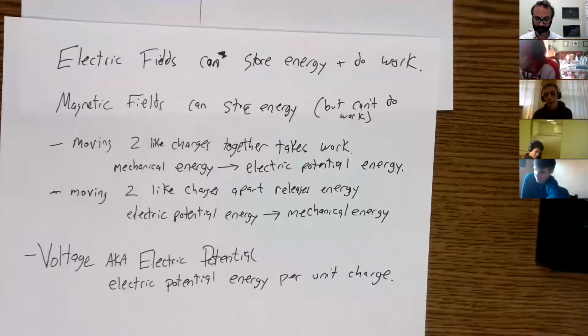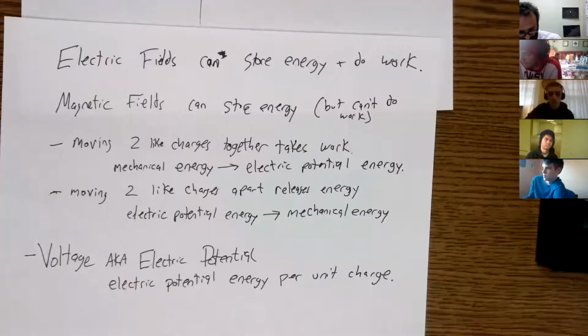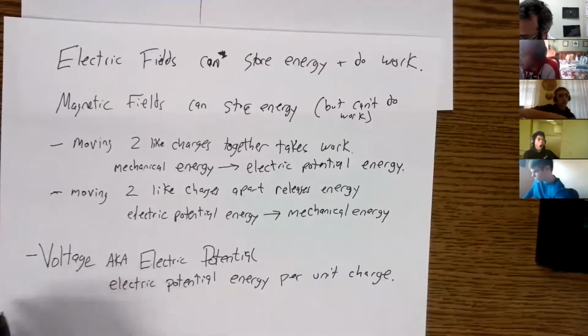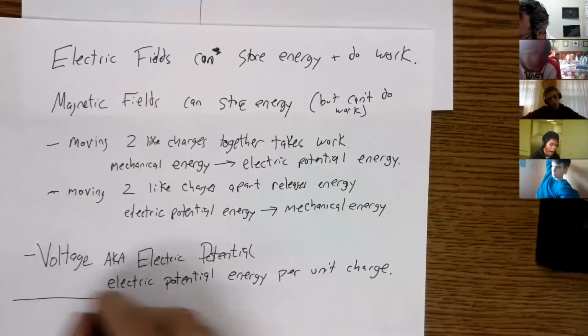You're going to have 1 joule of energy either released or stored in the electric field. Okay. Cool. And we'll see more. Chapter 24 is basically all about voltage. So all we have left to talk about then are circuits, which is kind of an application of all this.